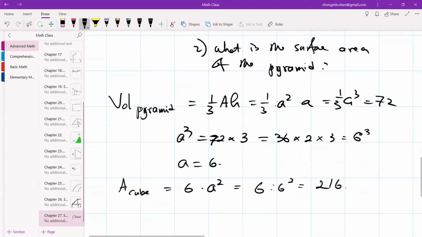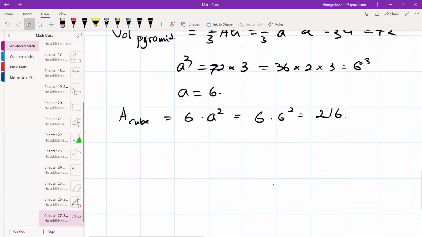So the only problem is how to find the surface area of this pyramid. The surface area of the pyramid is 18 times the square root of 5 plus 36. So this is 6.